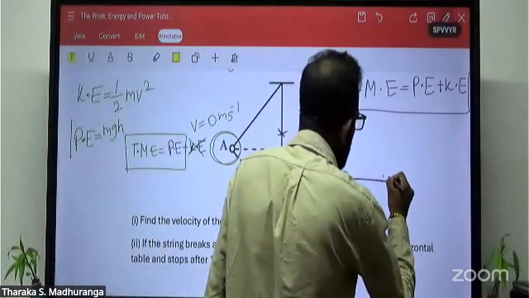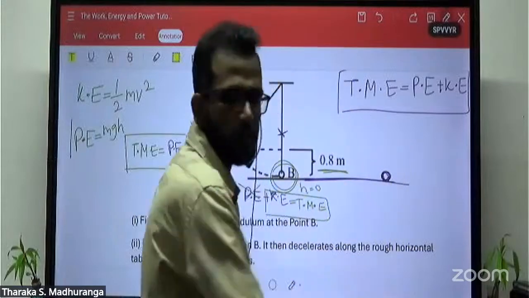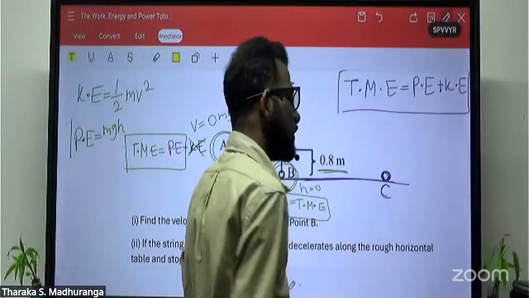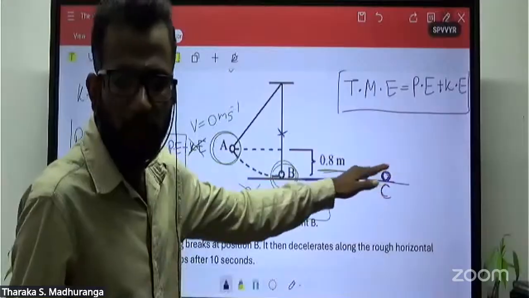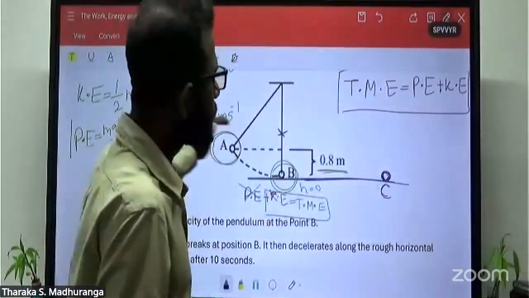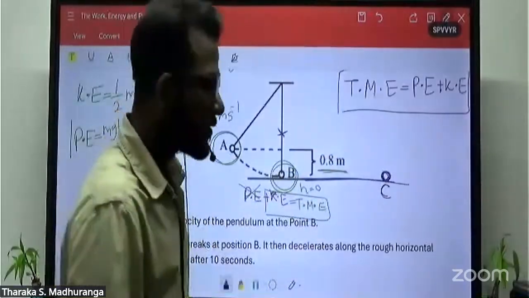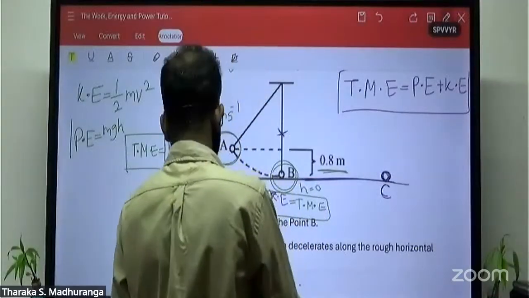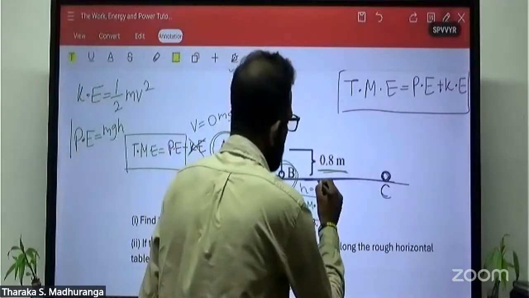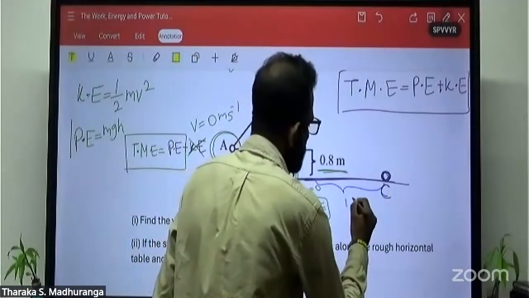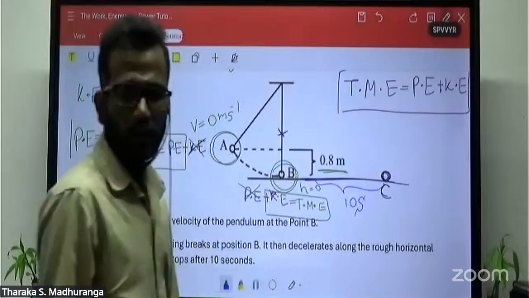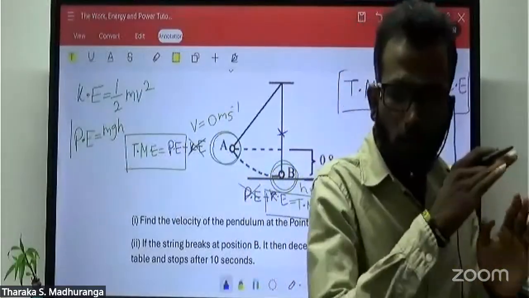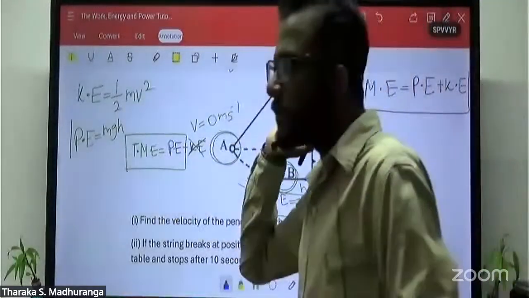Think it stops at this point, the C point. In our reference, we can say the final point is C. From B point to C point, it moves on a rough surface within 10 seconds. The time is given.